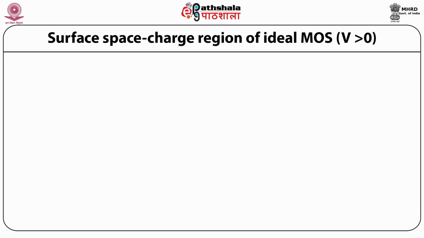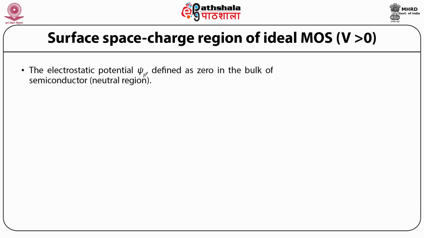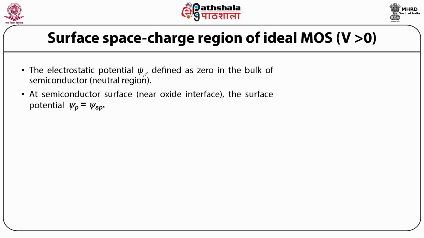So students, let us now discuss a detailed analysis of the surface space charge region of an ideal MOS device when the applied bias is greater than 0. The electrostatic potential psi p is defined as 0 in the bulk of the semiconductor. So at the surface, psi p is equal to psi sp, which is the surface potential.